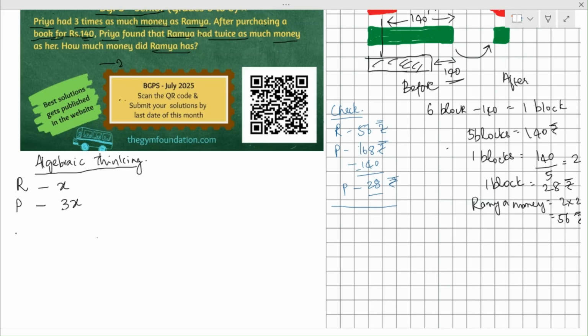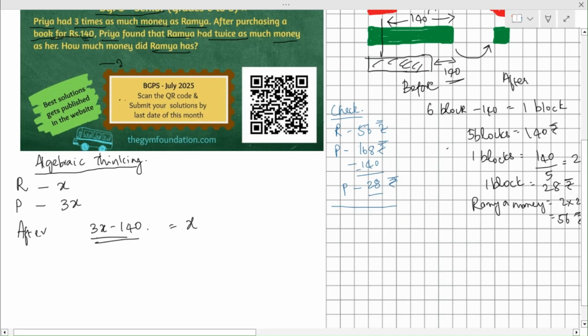After purchasing a book for rupees 140, Priya's money becomes 3x minus 140, and that is equivalent to... So basically, after she bought the book, Ramya is having twice as much money as her. So what does that mean? Is Ramya's money changing? No, she's still having X, but how much she is having is twice Priya's money after she has bought this book.